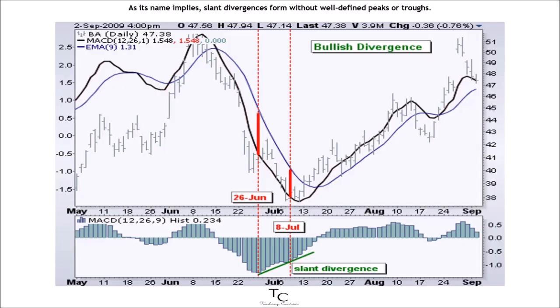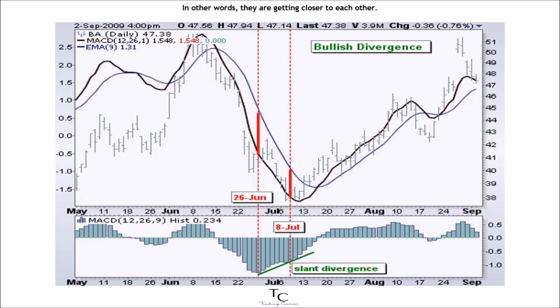As its name implies, slant divergences form without well-defined peaks or troughs. Instead of two reaction highs, there is simply a slant lower as the MACD histogram moves towards the zero line. A MACD histogram slant towards the zero line reflects a convergence between MACD and its signal line.